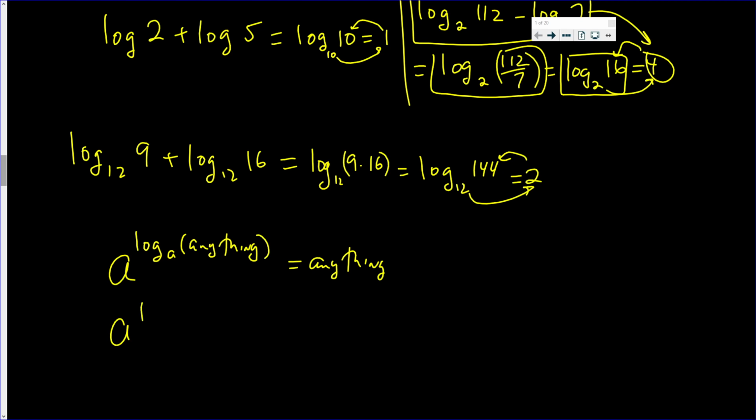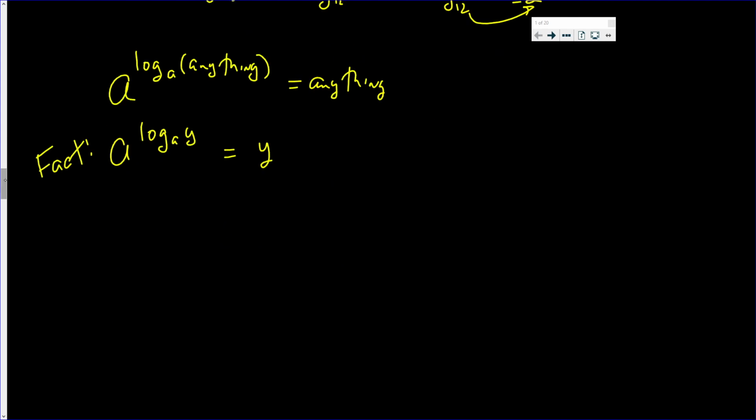That is, a to the log base a of y is equal to y. Call this a theorem or a fact. The proof is trivial. So, proof: a to the log base a of y is equal to y.